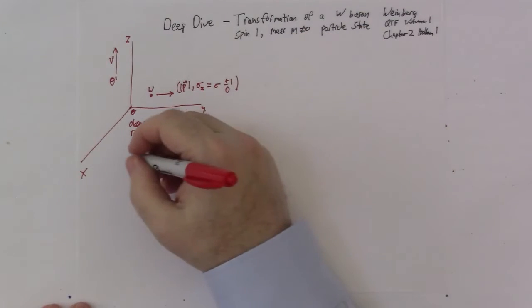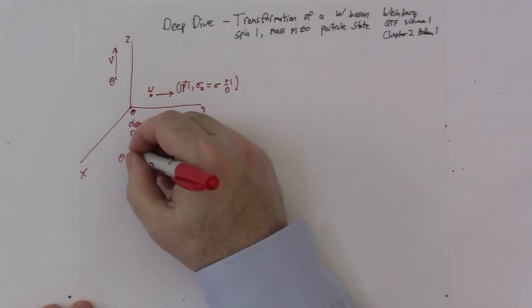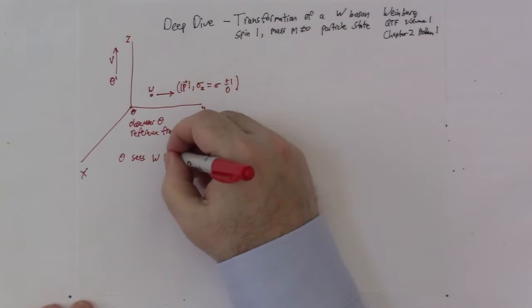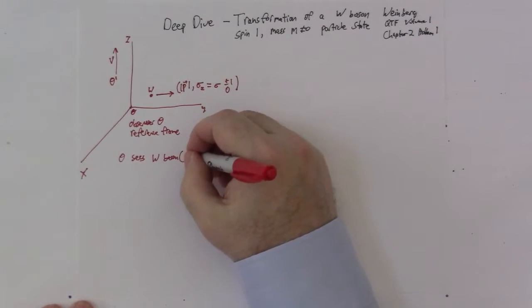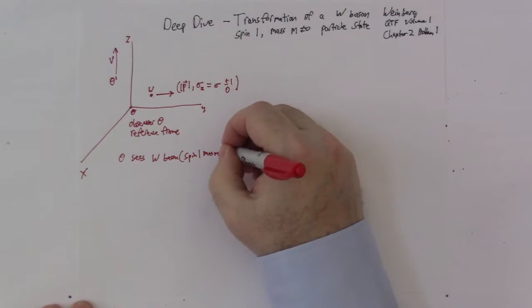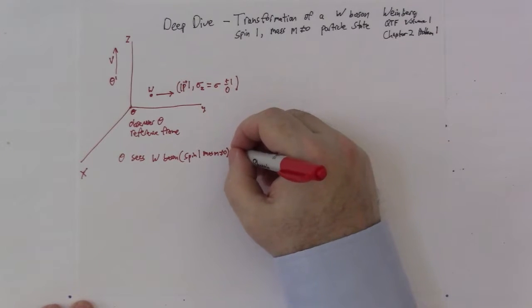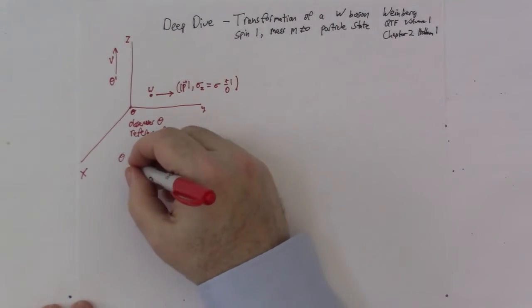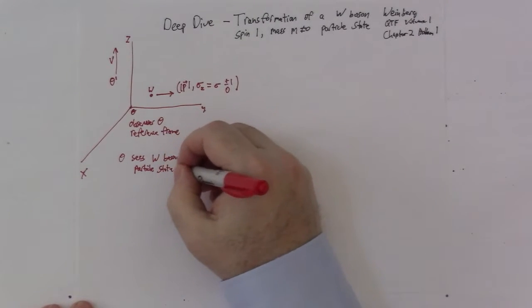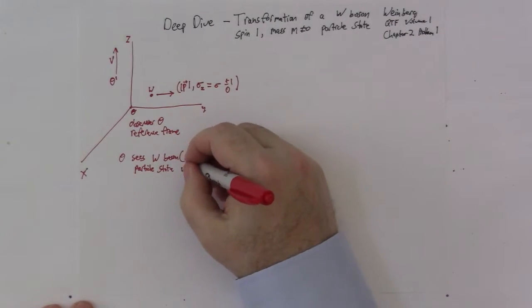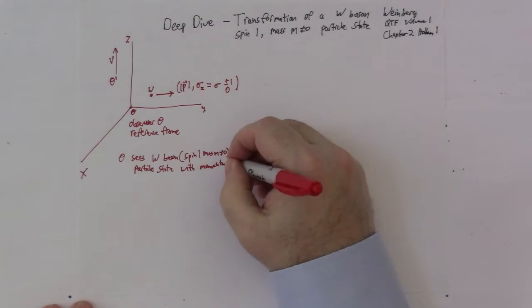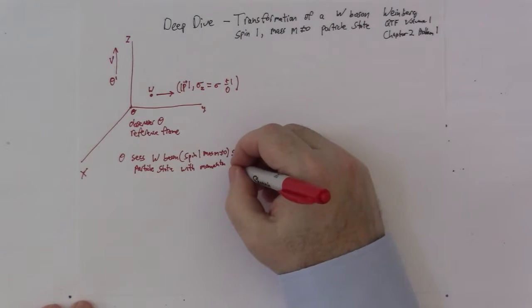And so O sees a W boson with spin 1, mass m unequal to 0, single particle state, with momentum P y.